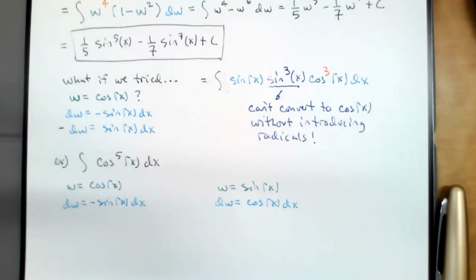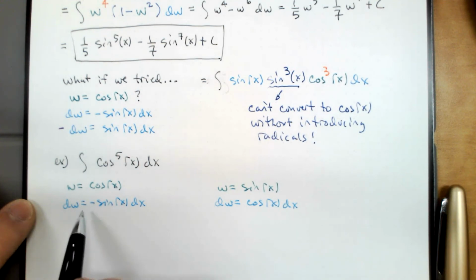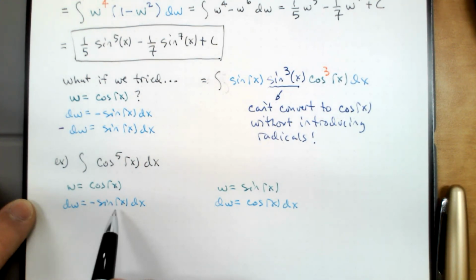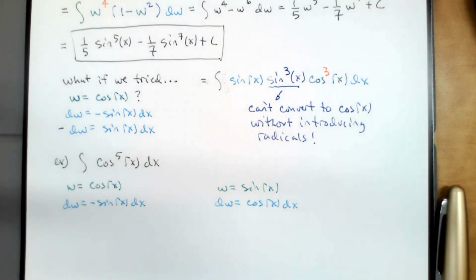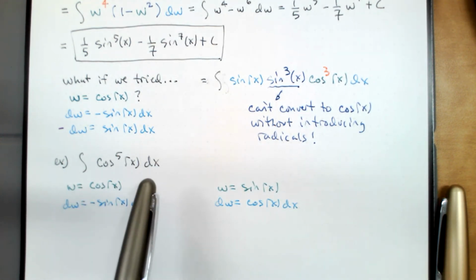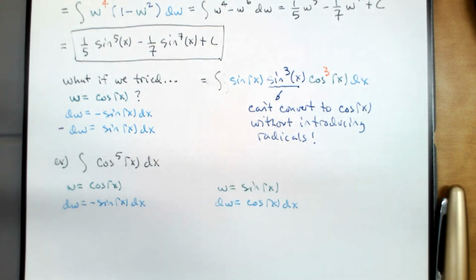We know we can trade our sines for cosines and our cosines for sines, but only so long as they come in pairs. As long as they have a power of 2, we can convert them. So it's not that there are no sines, they're hidden in the cosine. And there aren't any obvious sines here, but that's exactly the substitution that we're going to make.